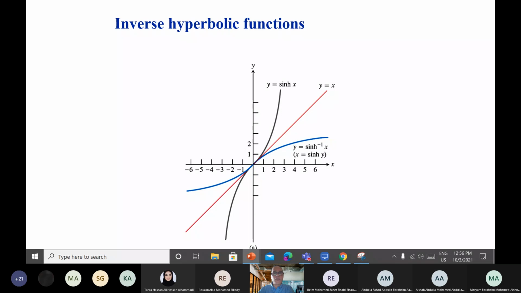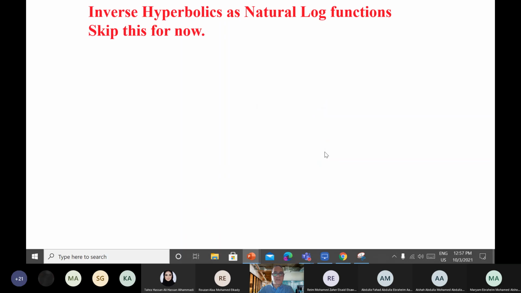The inverse hyperbolic function, as I said: if you have sinh, the black one is an odd function, and its inverse, sinh inverse, is here. And y equal to x is like a mirror, so sinh is reflected over y equal to x to get your inverse.